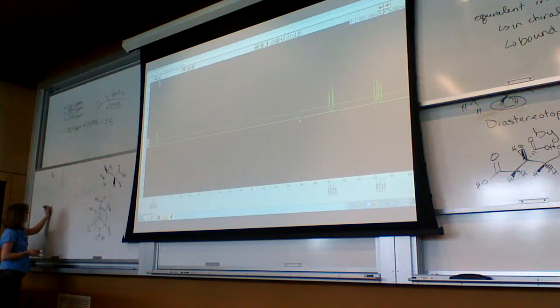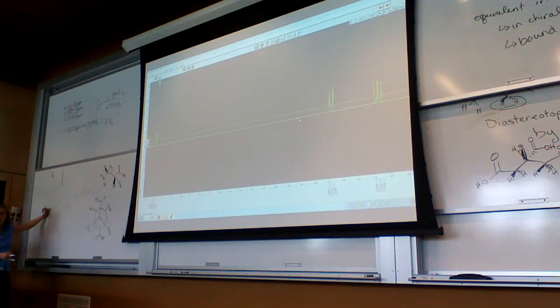If you did a 3, then we're going to do like 1.5. Make it much smaller. Wait, so it splits first by the 10? Yeah. It's easier to do it with the largest one first, just because it's easiest to draw. They don't overlap or crisscross as much. They may end up crisscrossing eventually, but you can avoid the crisscrossing as much as possible if you start with your largest coupling constants.